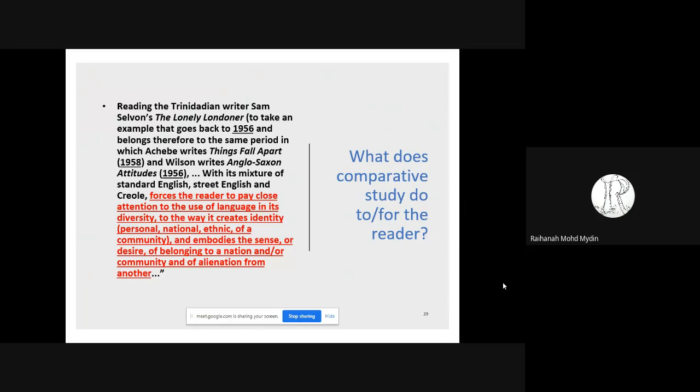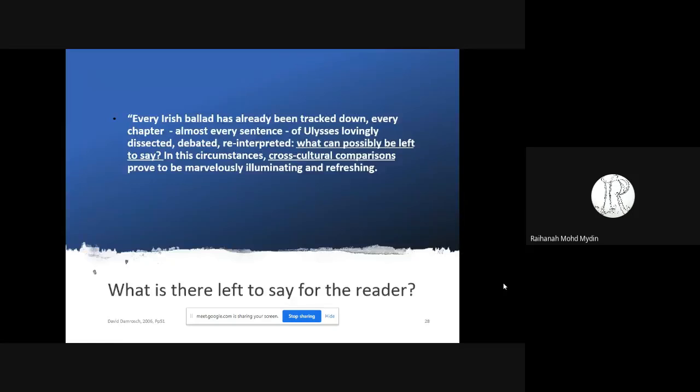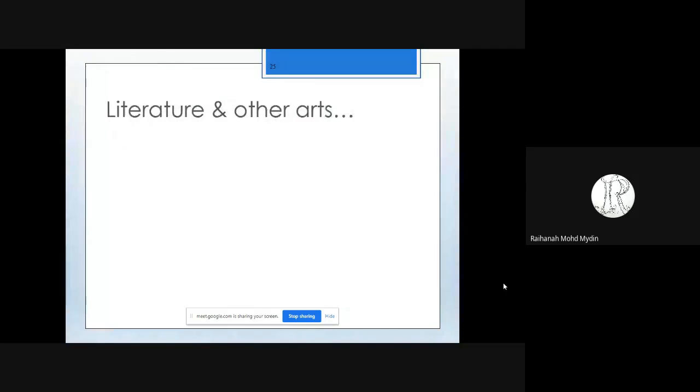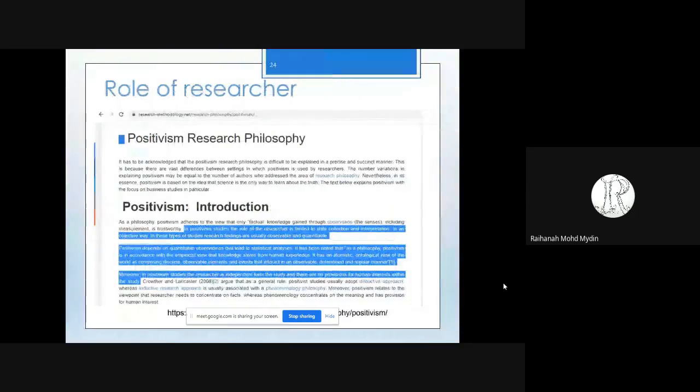So that's your role, okay? So if you think about it, I am not for the French school because I feel you as the reader, you have a say in the way the text affects you, okay?